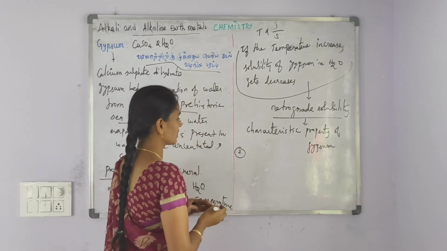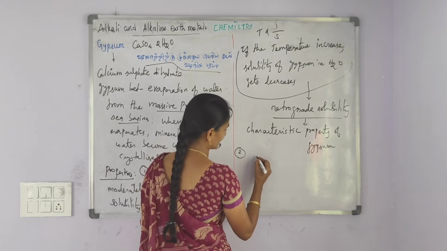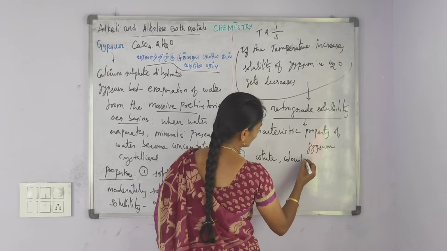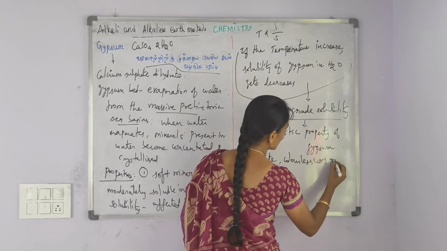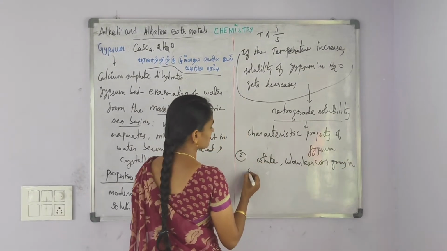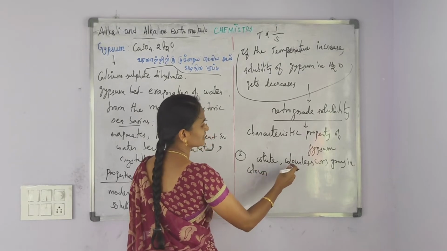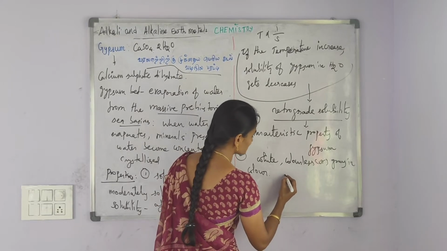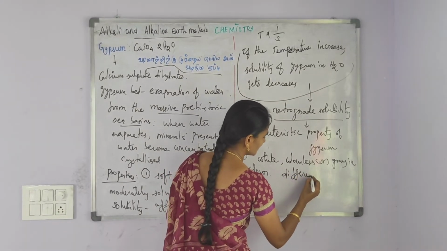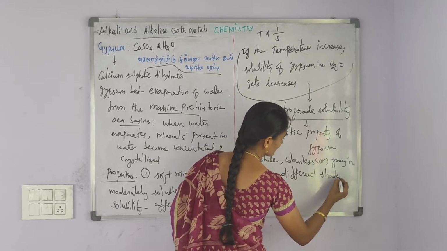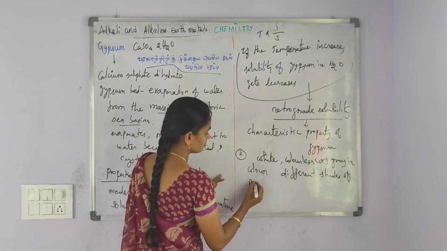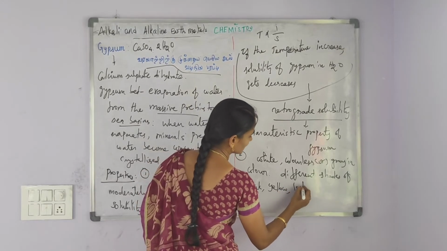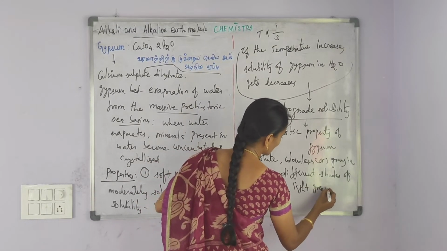And then the second one is gypsum is present in white, colorless or grey in color, but sometimes gypsum possesses different shades of pink, yellow, light green and brown.